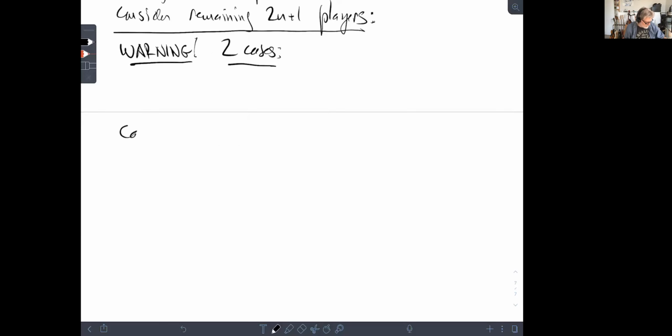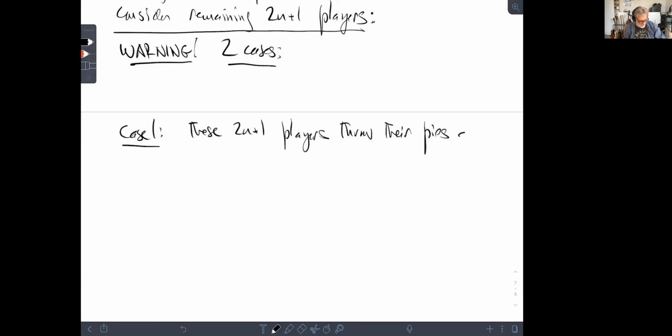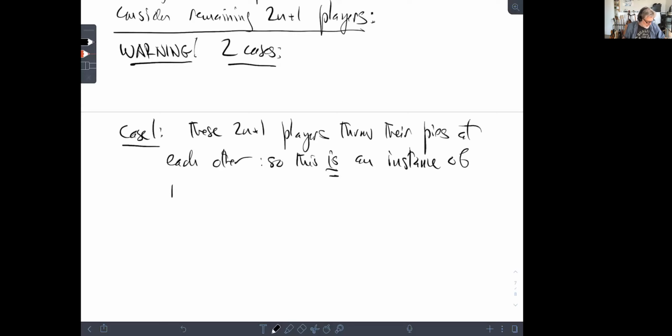Case one: these 2n+1 players throw their pies at each other, I mean, among themselves. And so this is an instance of the game with 2n+1 players.